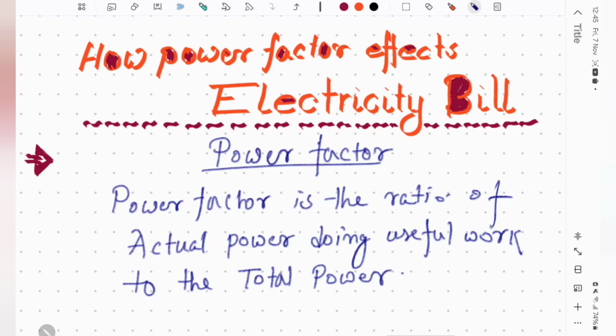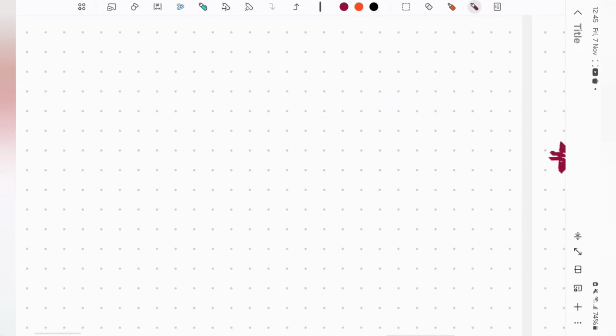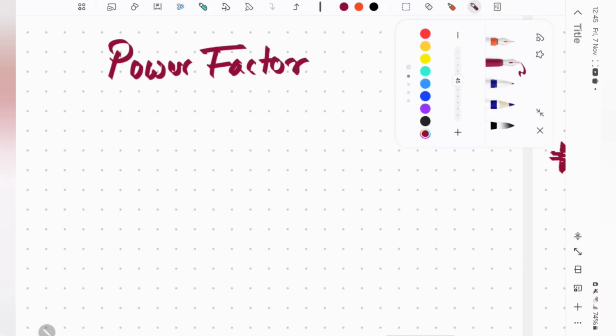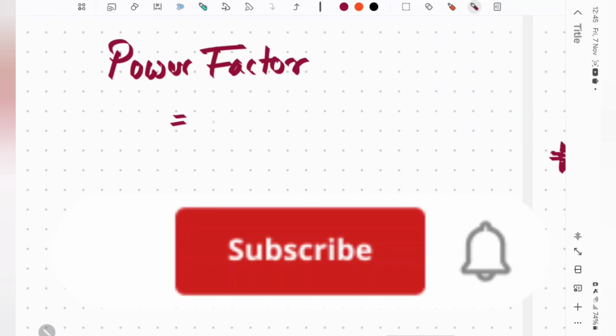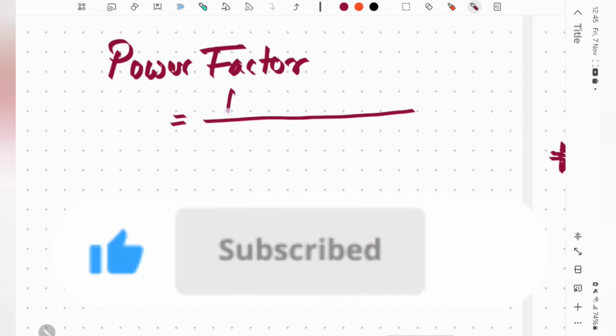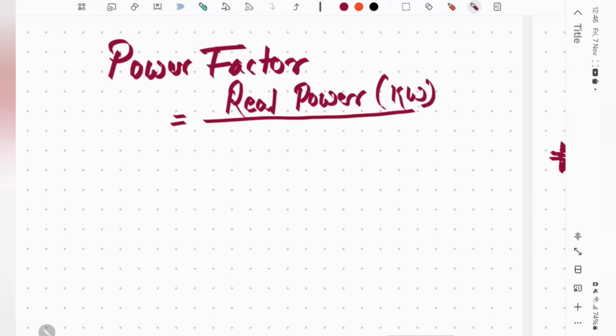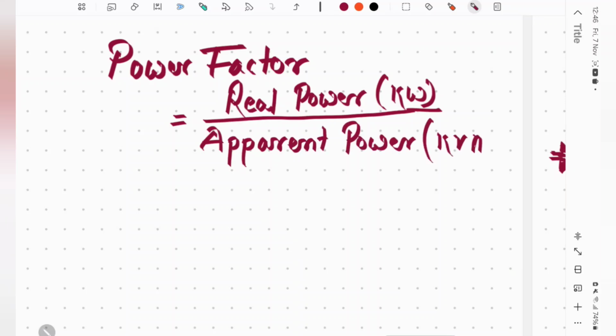This is called power factor. We can also write power factor is equal to real power in kilowatt divided by apparent power in kVA.